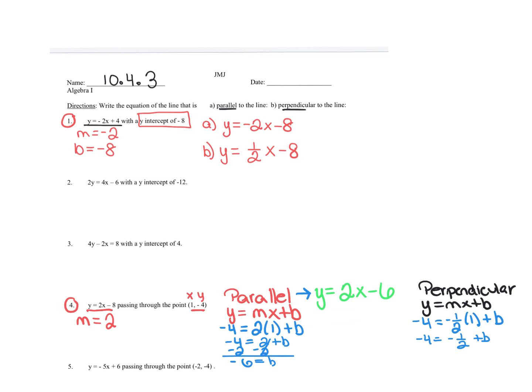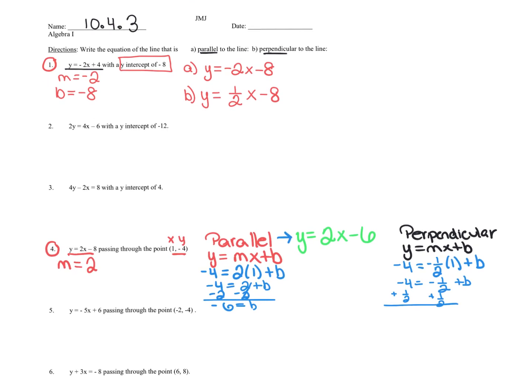This time we're going to add a 1/2 to both sides. So -4 plus 1/2. Mixed number or improper fraction might be easier.